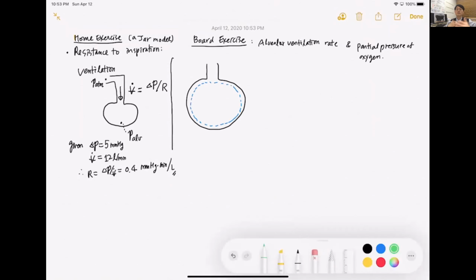Then there comes an exchange of volume flow rate during inhalation and exhalation. When there is an inhale, there's a volume flow rate like this, and all this driving force as a pressure is inside.